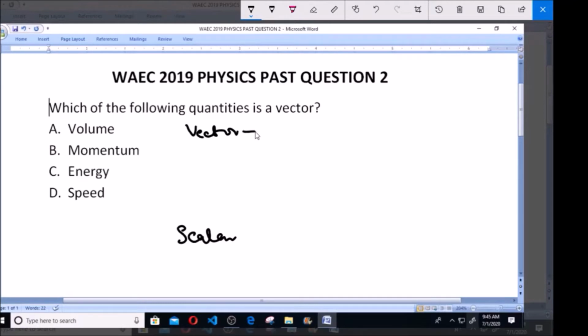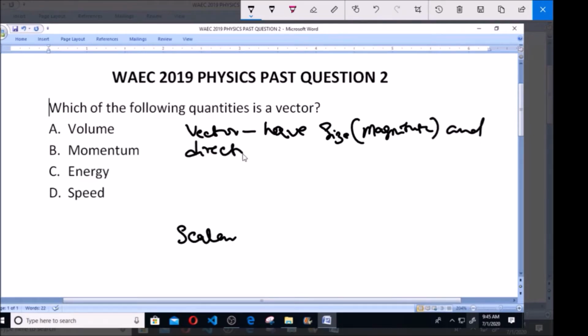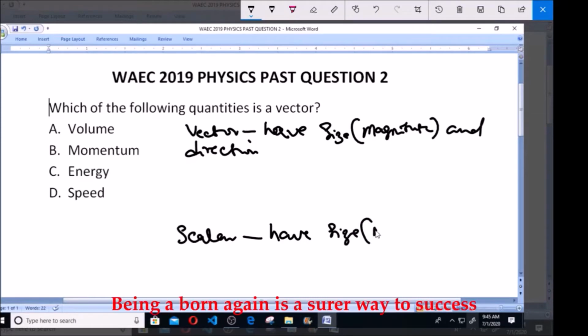Vector quantities are quantities that have both size, which is magnitude, and direction. Whereas scalar quantities are those quantities that have size, which is magnitude, but they don't have direction.